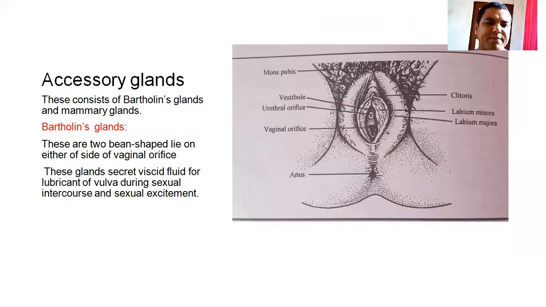Now, the accessory glands present in the female reproductive organs are explained here. These consist of the Bartholin glands and the mammary glands. The Bartholin glands are two bean-shaped glands that lie on either side of the vaginal orifice. They secrete a viscous fluid that lubricates the vulva during sexual intercourse and sexual excitement.